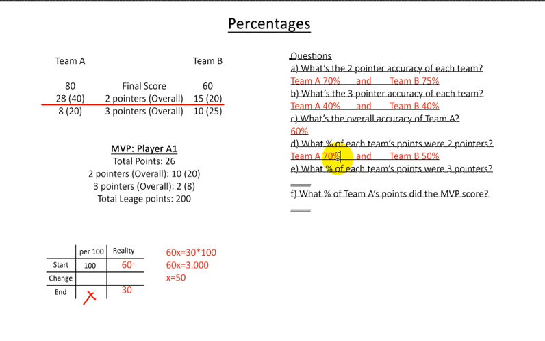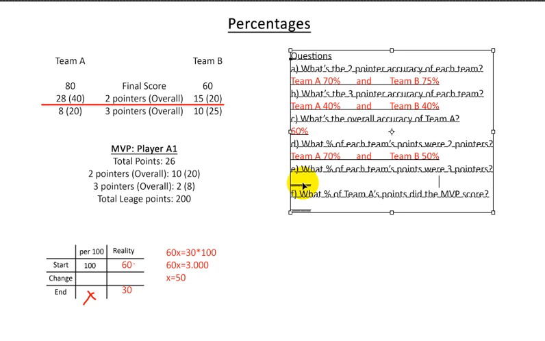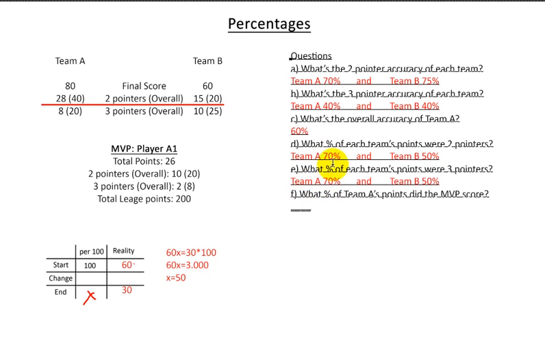And if they got 70% out of 2-pointers, that means that they got the rest out of 3-pointers. Well, what's the rest? The difference between 100 and 70. That's the rest. So if they got 70% from 2-pointers, the other 30% to get to 100, they got from 3-pointers.